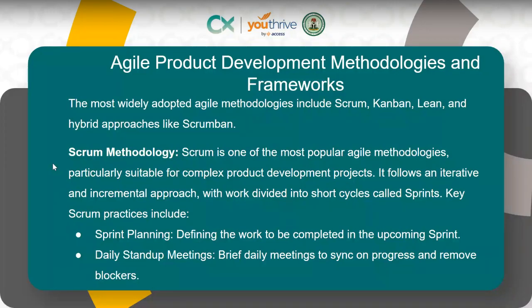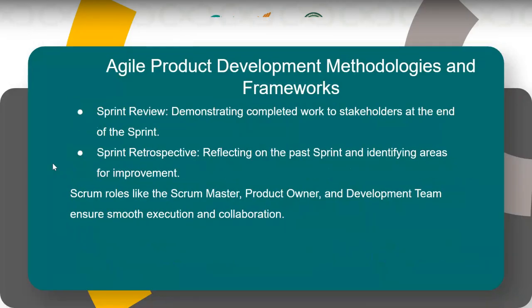So most of the things we're talking about are actually majorly Scrum, in terms of the sprint and all of that. Well, sprint is also applicable in Kanban anyway, but we'll get to it. The key Scrum practices include sprint planning, daily stand-up meeting, sprint review, sprint retrospective. I already defined what all of that means.